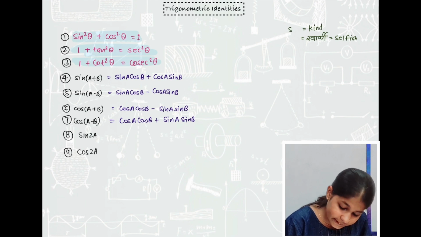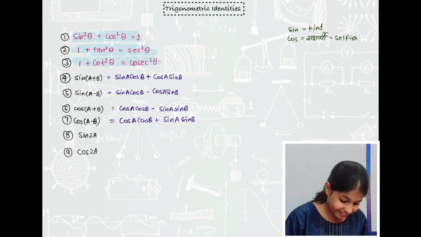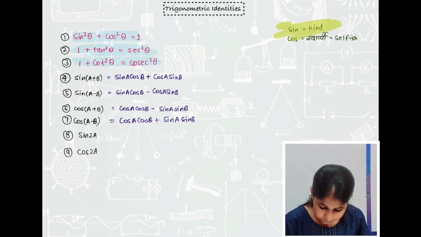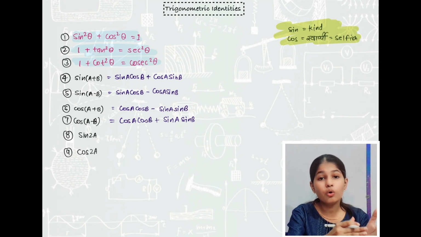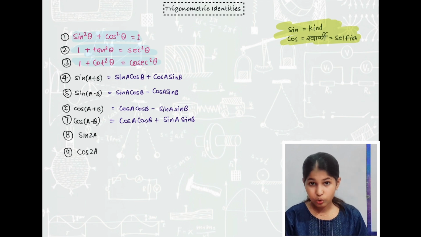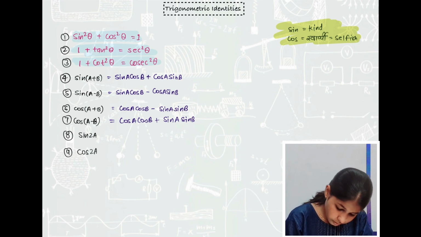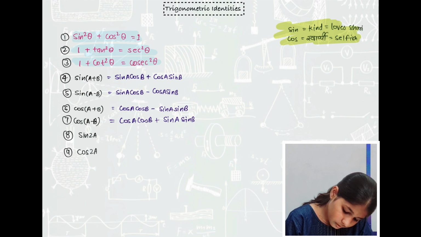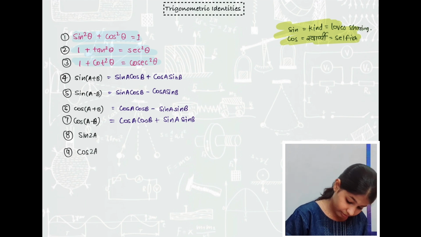Actually, sin is our very kind person and cos is a selfish person. Now you have to learn it. It is, I think, funny. You have to learn that sin is our own familiar person who will share everything. He loves sharing, because he understands that sharing is caring.